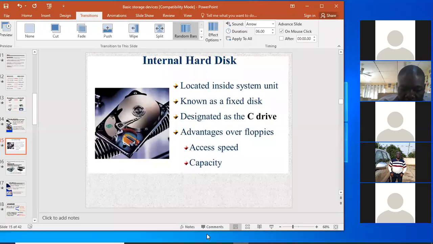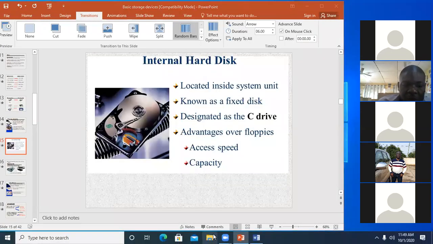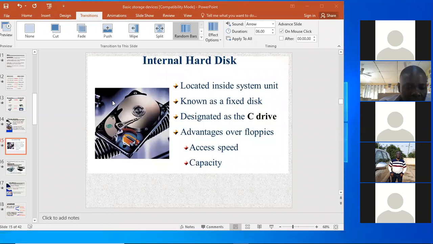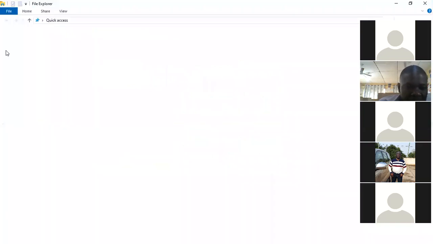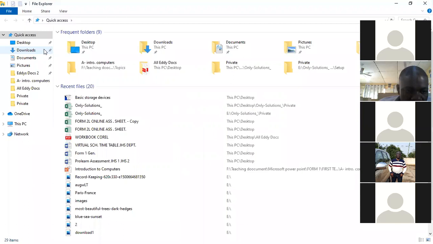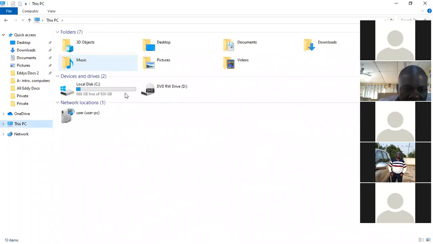Now let's look at something. When you come to This PC, let me just go to This PC and you see something. Now observe, what do you see here? See the drive letter is here. So you see the C column. You see the D column. Yes.